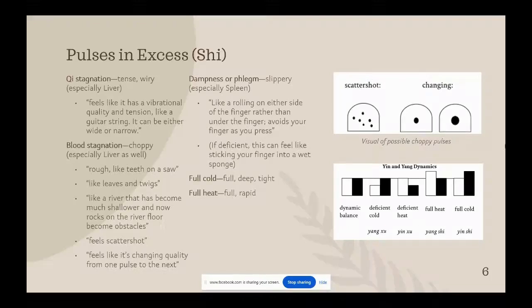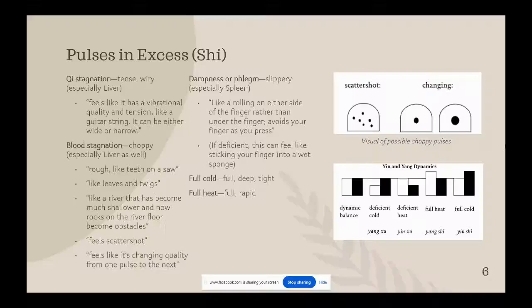And then for a damp pulse, or a phlegm condition, the pulse, as we were saying, is called slippery, and this is going to affect, at the very least, the spleen. It's kind of the same thing as I was saying for the chi stagnation pulse, the wiry pulse.